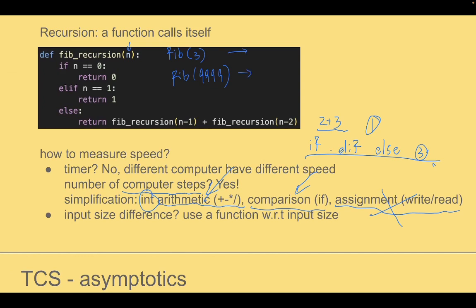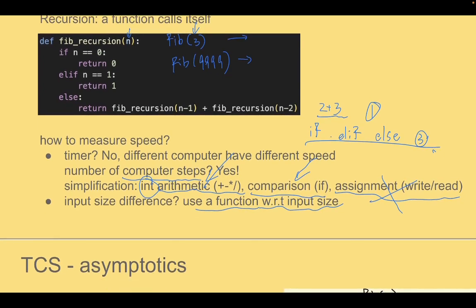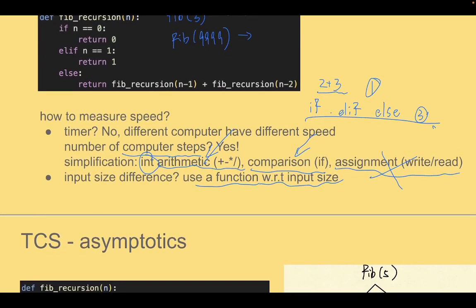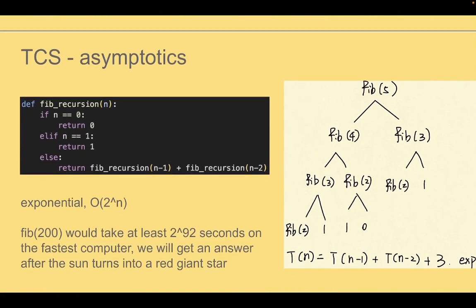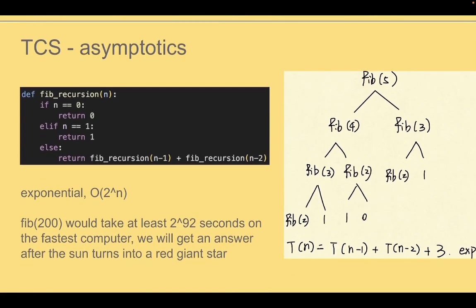So we should use a function to take the input size into consideration. We actually use a function with respect to input size to measure the speed in total, right? And next I'm going to talk about this algorithm in detail.